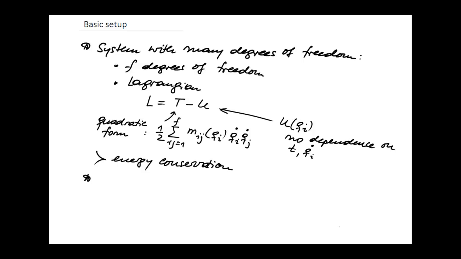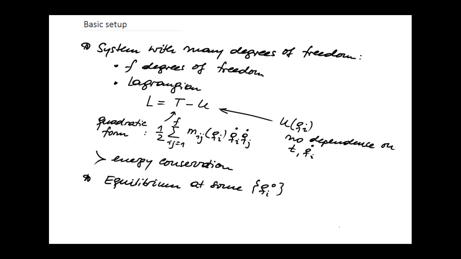Now the system, we assume, has some equilibrium configuration, and we say that the equilibrium configuration is at some Qi naught. So these are the coordinates of the configuration of the equilibrium.